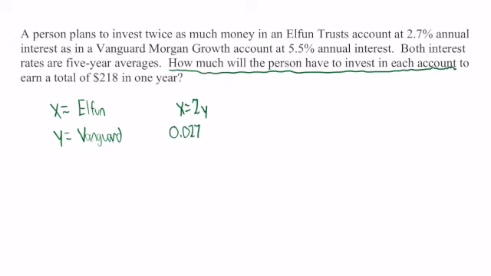And they're making that interest off the amount they invest in the Elfin account, which is X, plus the interest for the Vanguard account, 5.5% as a decimal, is 0.055. We multiply that by the amount in the Vanguard account, Y. And that's going to equal the total amount of interest they gained for the year, which is 218.